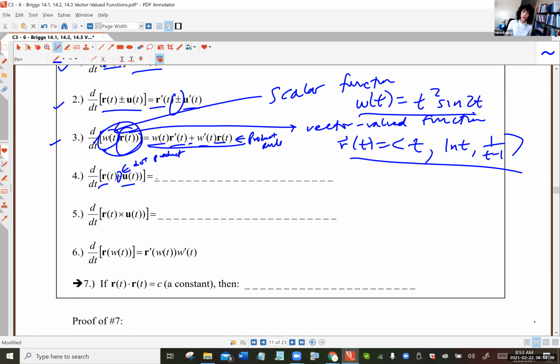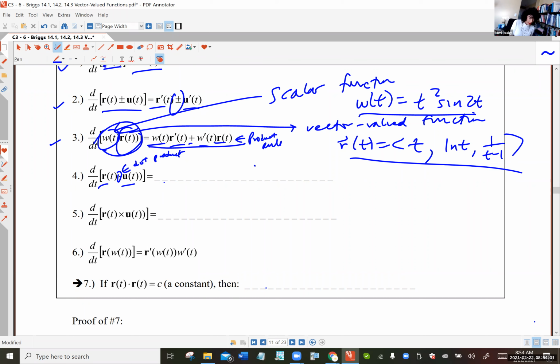One, first do the dot product and then take the derivative of the result. It's going to be a scalar function, because you take a dot product of two vector valued functions and then take the derivative of that. Or you could use the product rule.